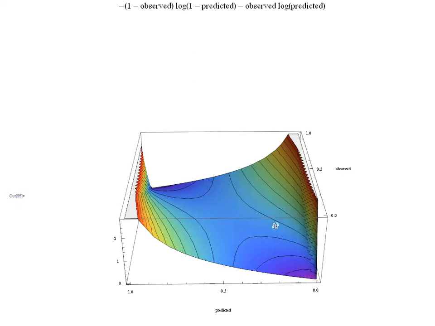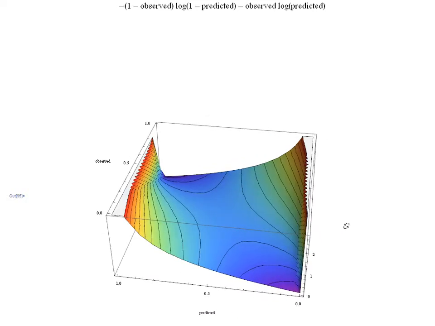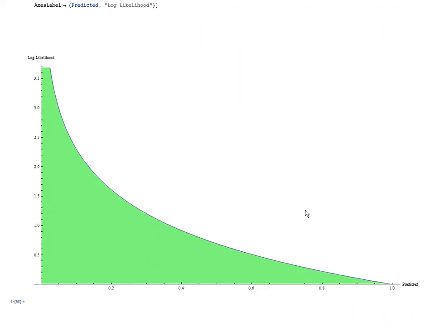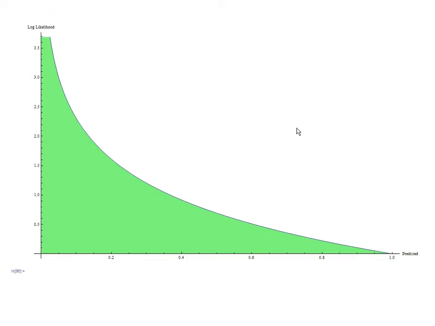So now again, what really matters though is the curves that are observed at 0, at 0.5 and 1. There's really only those 3 slices through this function that matter. Let's take a look at the slices. This is what the log likelihood function looks like in the case where a win actually occurred. Now if we predict a win right here, well, then we're in good shape.